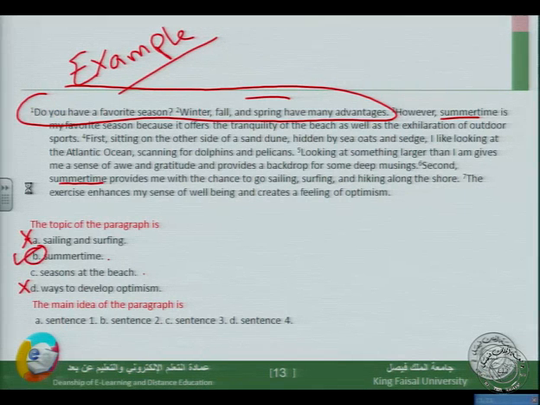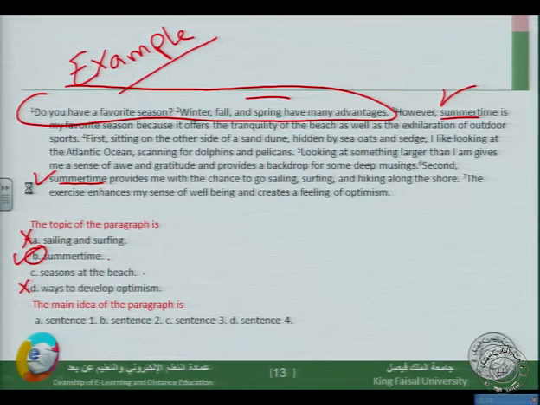Because it's repeated, مكررة. دائما إذا بدنا نعرف شو هو التوبيك, we should actually pay attention if sometimes an idea is repeated. So summertime is repeated over here, and it's also repeated over here. See, without reading, I just get the meaning. So this is the topic of the sentence, the topic of the paragraph, the topic of the passage. It is about summertime.